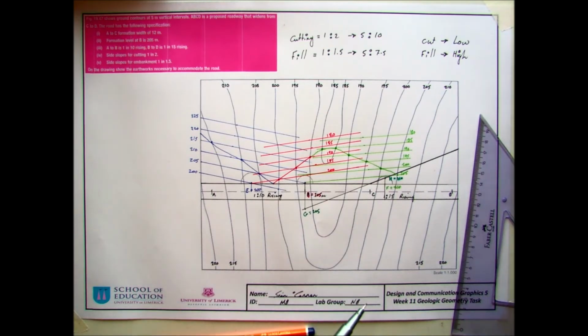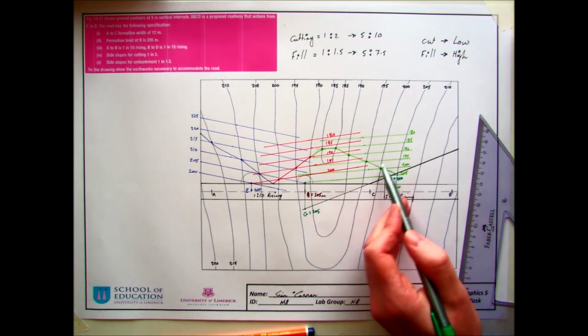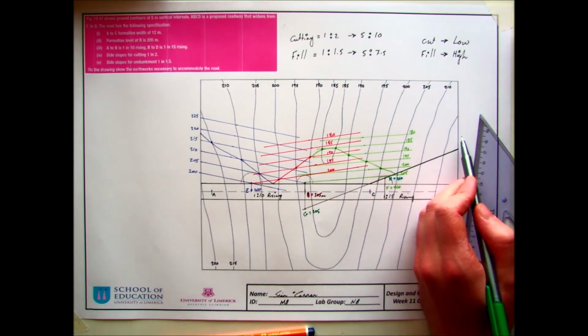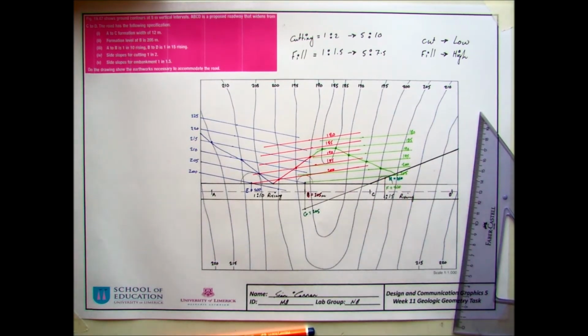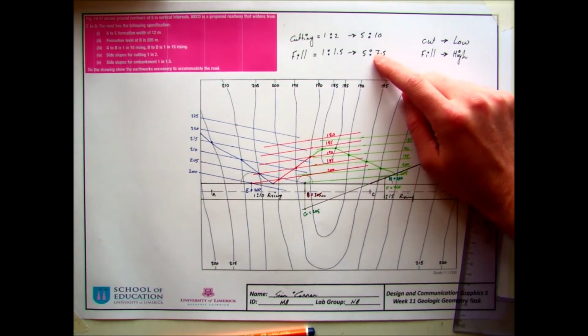So what we deal with first, I suppose we might as well deal with H first. The reason for that is because we're still going to be filling up along here, and then we're going to be cutting again once it goes up high, I think. So what we can do here is we can start off with H. We can draw our circle for H, which should be 7.5 because it is going to be a fill.